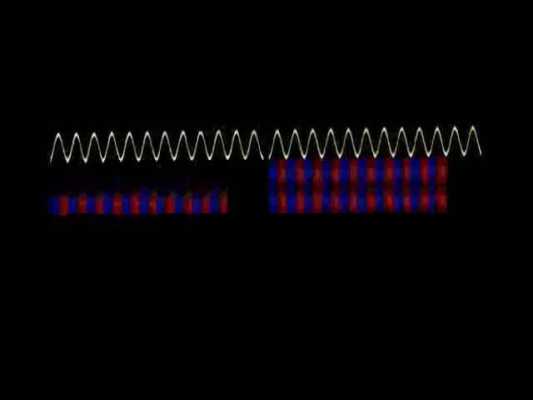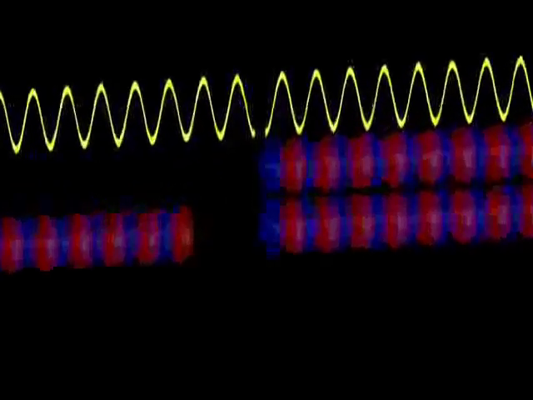Again we see that the fields around a photon are of opposite polarity. Here we have some rows of photons aligned with their corresponding waveforms.